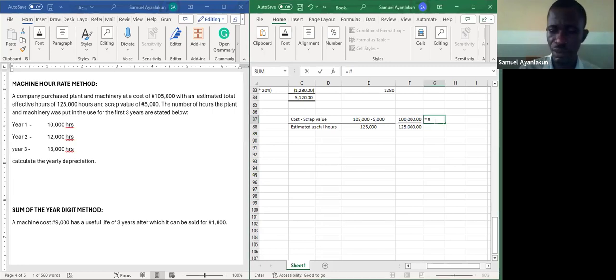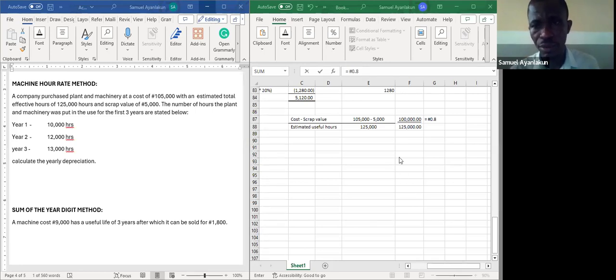So without wasting most of our time, you have 0.8. So that would be 80 kobo. You calculated very well, Daniel: 100 divided by 125. So for every hour, the cost is 80 kobo.